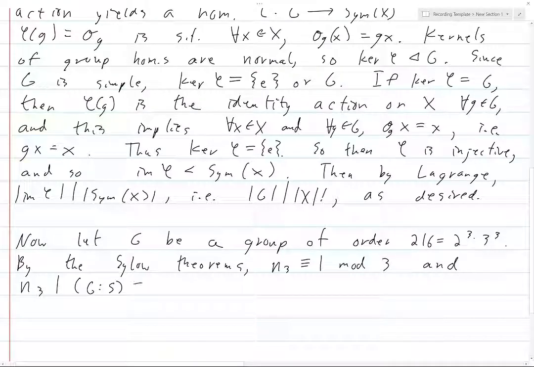And because these are all finite, we can actually do division here. So this is going to be the order of G, which is 2 cubed times 3 cubed, over the order of S, which is 3 cubed because it's a 3 Sylow subgroup. You just cancel out the 3 cubed and you just get 2 cubed, which is 8.